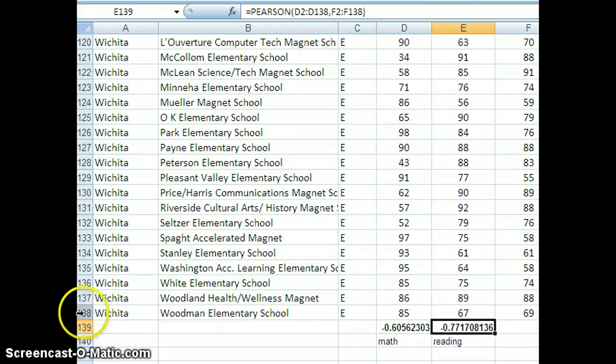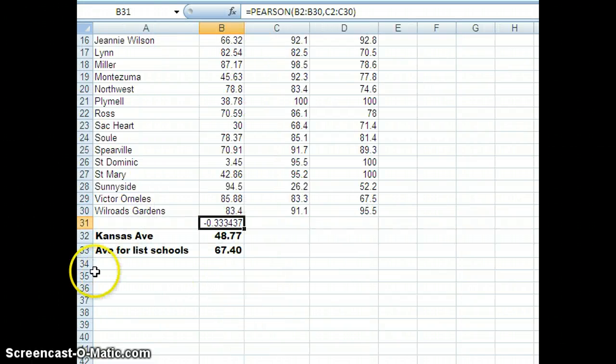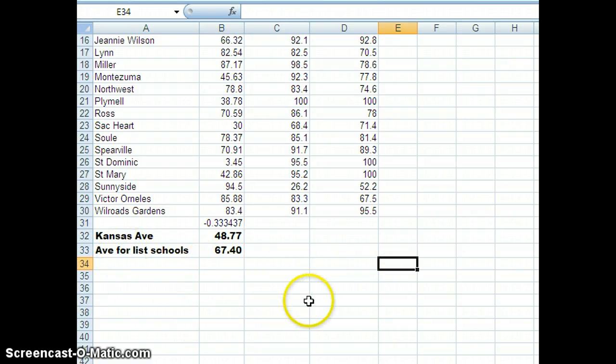Why the difference? Two things. Number one, many more cases, 137 cases in that study, and a much smaller number in this study right here, 29 in this case. The other factor is there's a lot more diversity of schools in the one that I did for Central Kansas, the Eagle study.